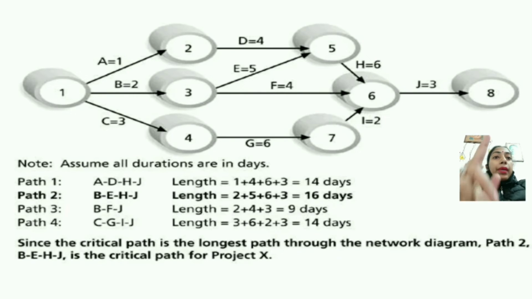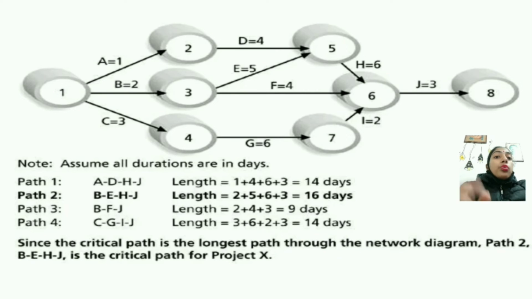Path 1 goes from A to D to H to J. Path 2 is B to E to H to J. Path 3 is B to F to J, and path 4 is C, G, I, J. Then we calculated the lengths and they come to 14 days, 16 days, 9 days and 14 days.